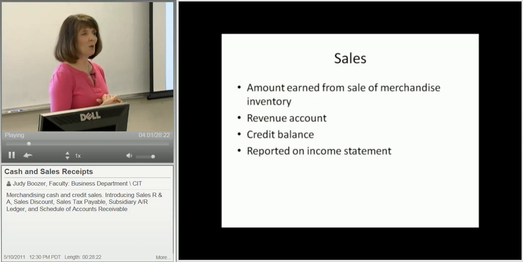Is it a temporary or permanent account? Temporary, because revenue accounts are temporary. Those that show on the income statement are temporary accounts, meaning we're going to close them out at the end of a period and we're going to update our capital to reflect the loss or the gain from revenue.